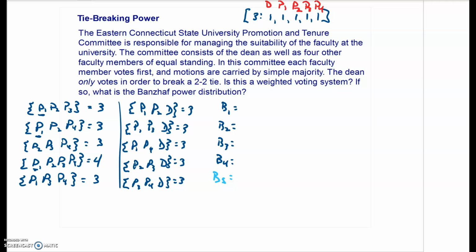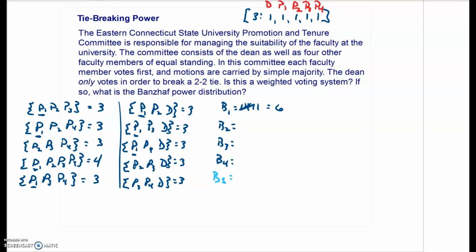Here, player 1 is not critical. Here, player 1 is critical. So far, player 1 is critical 3 times. Then we have player 1 here, and here, and here, and they're going to be critical all 3 times. So player 1 is now critical a total of 6 times.